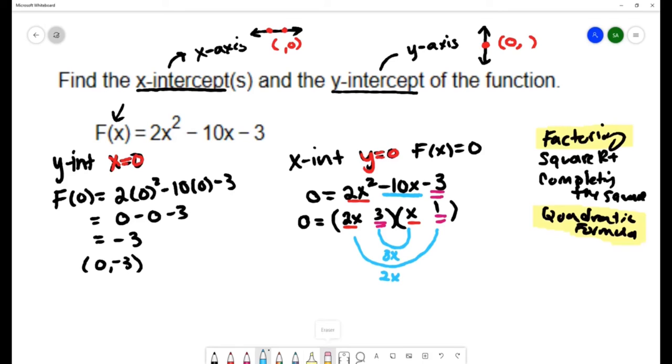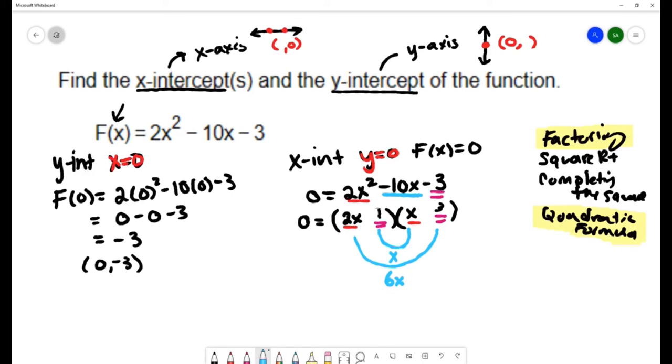I'm going to try one more guess, and I try that guess by switching this 3 and 1. So I'll put the 1 here and the 3 here, and let's try the middle two numbers now. 1 times x is x. 2x times 3 would be 6x.